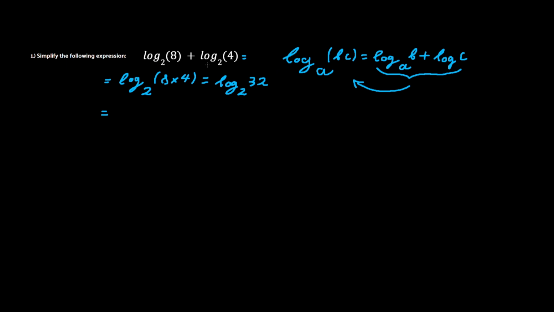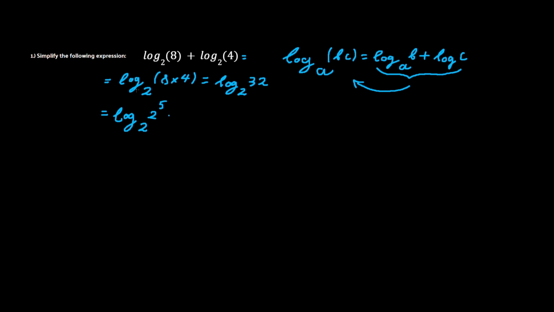So we can simplify this even further. 32 is 2 to the power of 5. And here we can use another property of logs. So when the base and this number is the same, the log is equal to the power of this number.